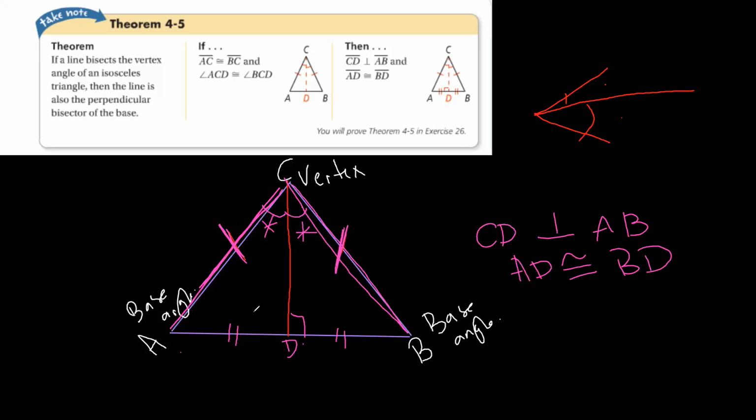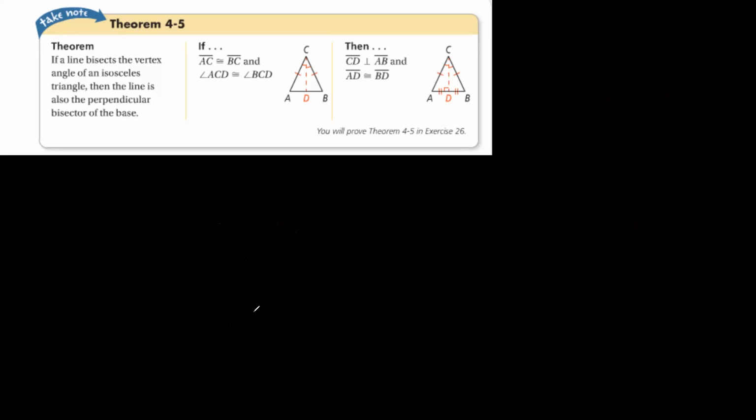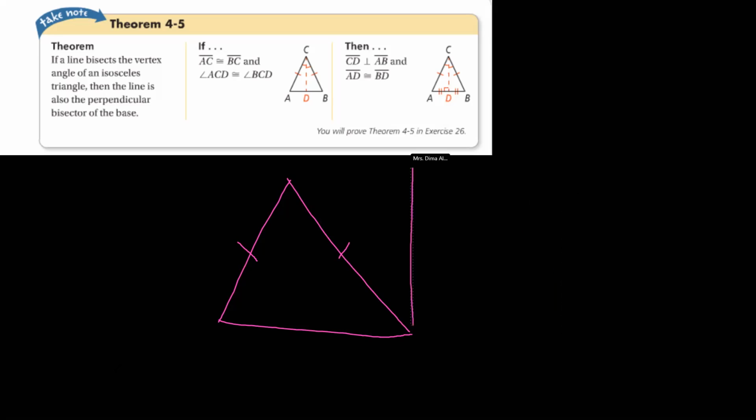I will repeat it, but in another way now. If I have this triangle, and these sides are congruent, that means it is an isosceles. And there's a line. I bring this line, and this line now bisects the angle.